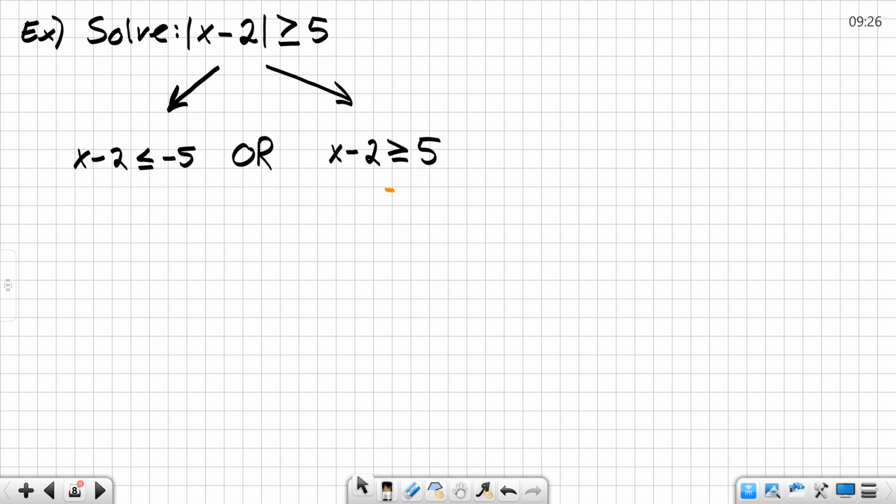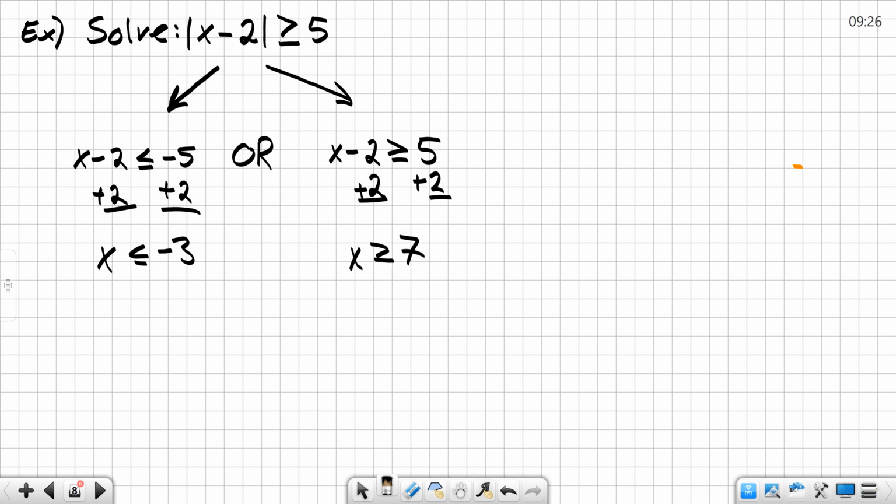I am adding 2, and I will get x is less than or equal to negative 5 plus 2, which is negative 3. Or I'm adding 2 to both sides, and I will get x has to be greater than or equal to positive 7.